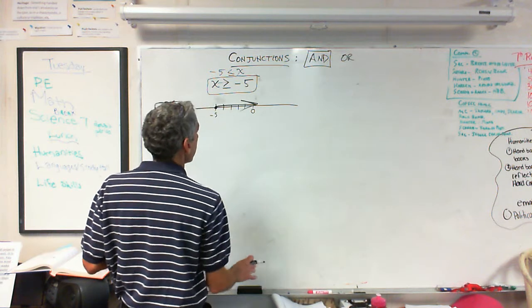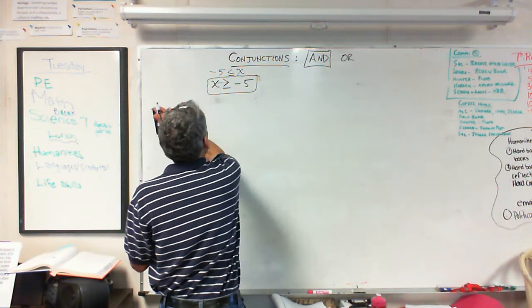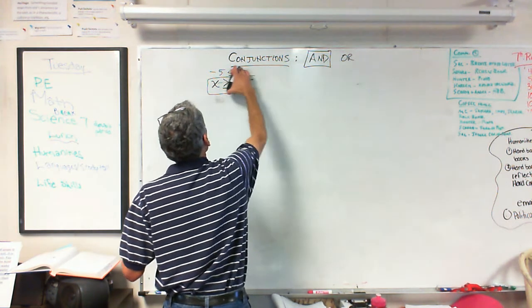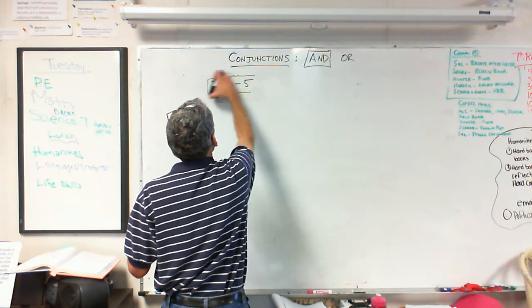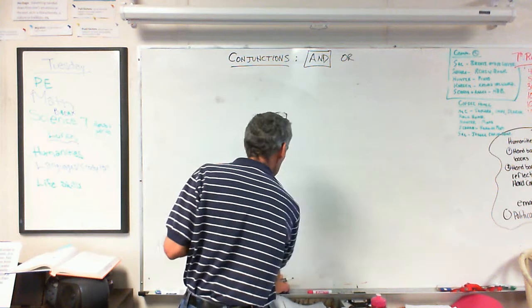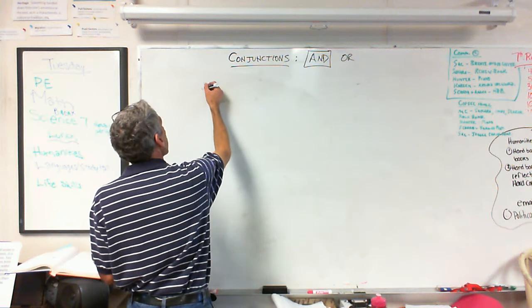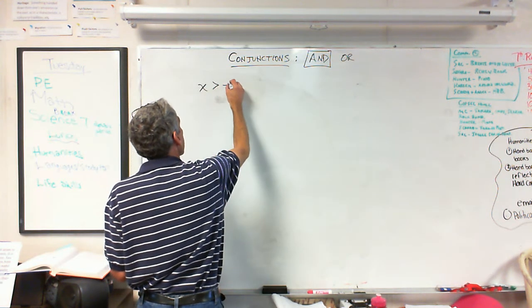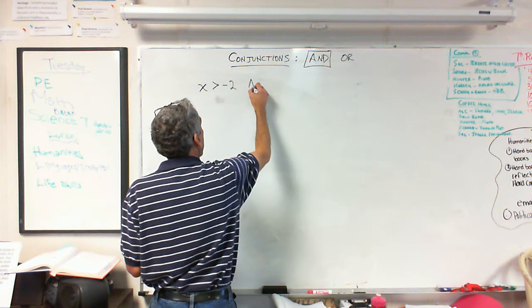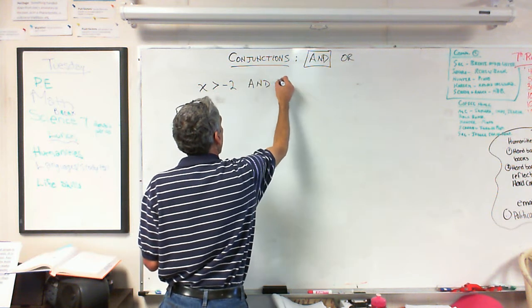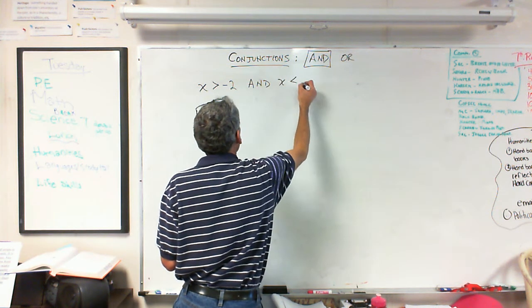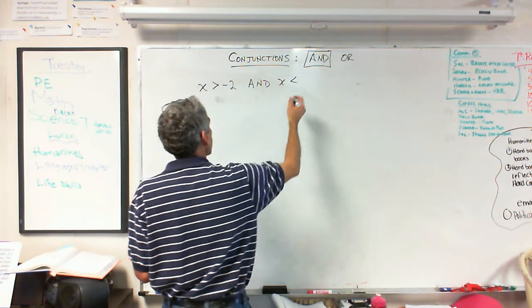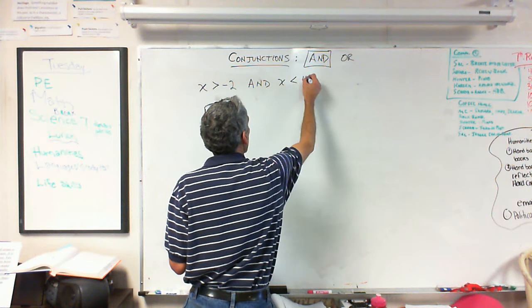Now, what if I said this though? Let me get rid of all this mess that I've made. I'm just going to start over. Let's do it differently. Let's say x is greater than -2, and x is less than 4.